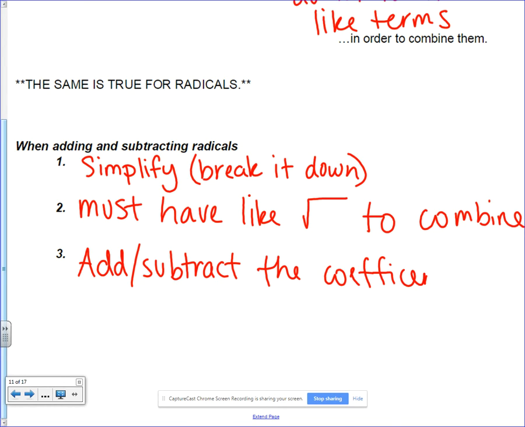Do I add and subtract the radicals? What do you think? No, the radicals stay how they are. Everybody okay here? Yeah, ready to try some? All right, again, I'll just get through as much as I can get through in the time that I have, okay?